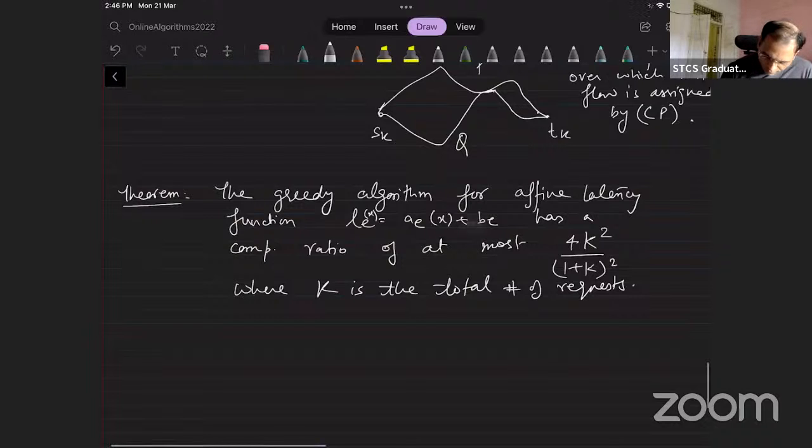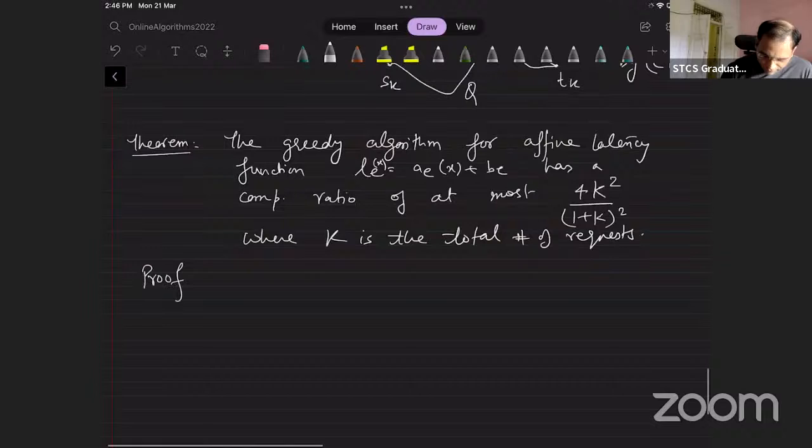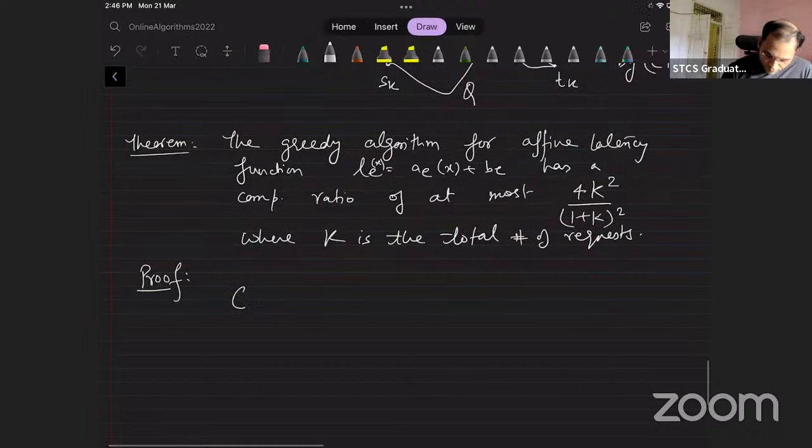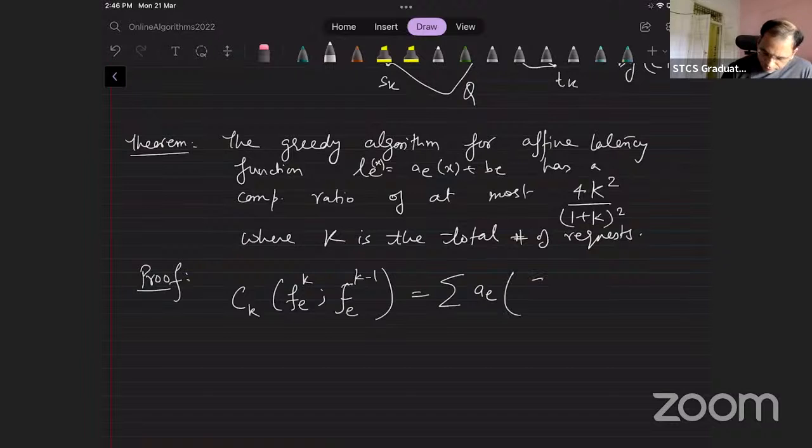All right. Now the proof is actually elementary. Lots of inequalities, so stay with me. Okay, so recall C, or let me just say F E K minus 1, it's AE.